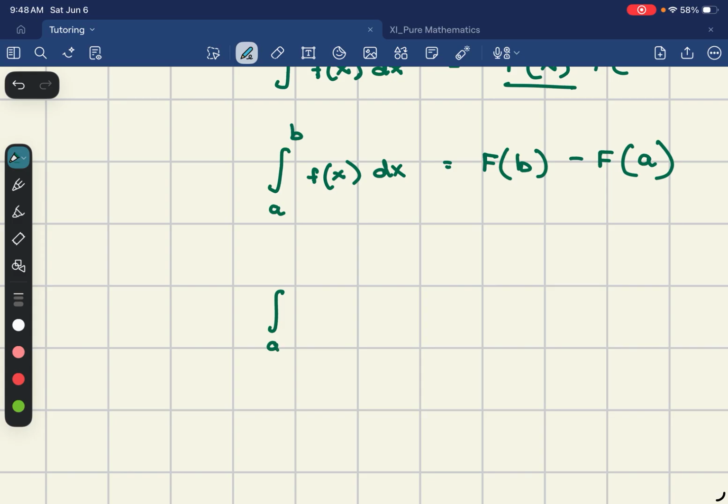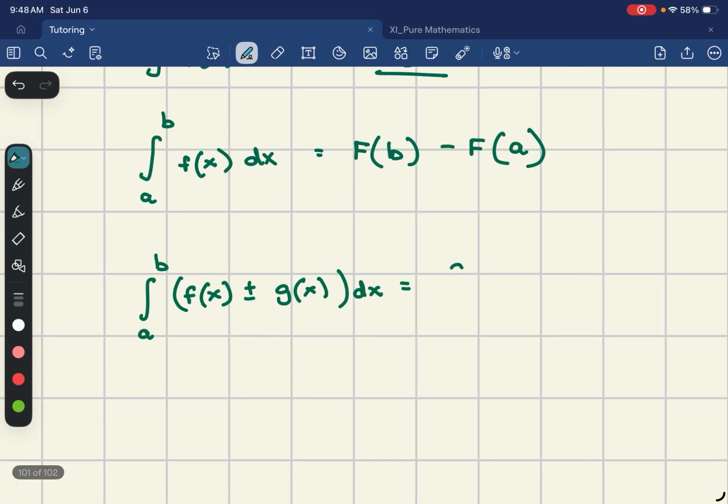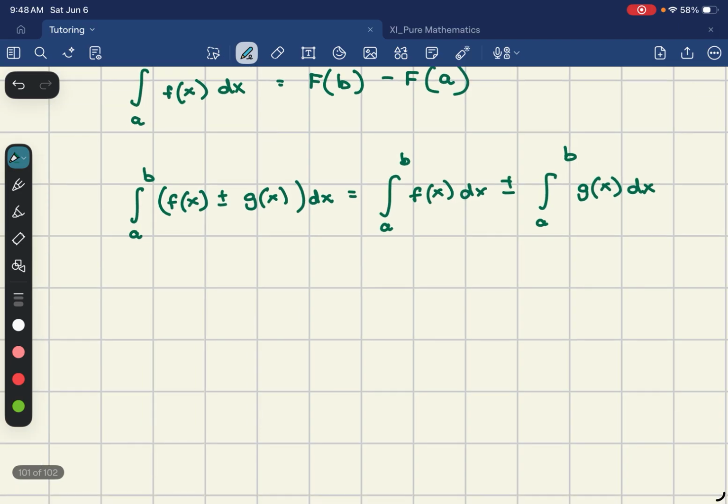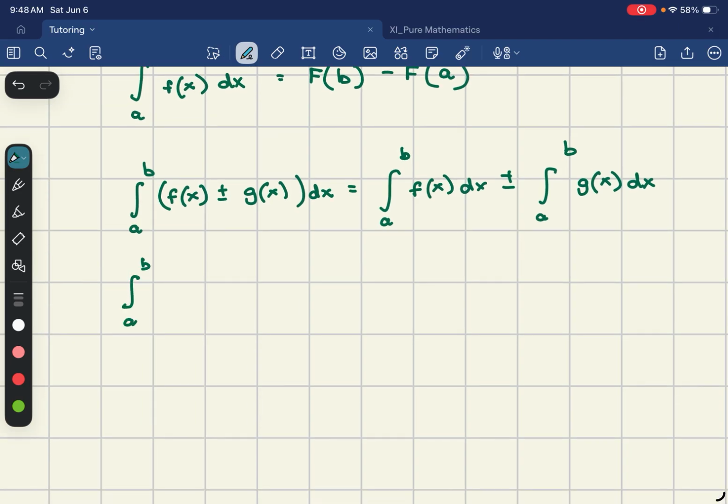So for example, if you are integrating this expression, then you can just do it separately. This formula that we did for indefinite integrals is still valid, but now you have to do it with the bounds. And the integral from a to b of k times f of x dx is k times the integral from a to b of f of x dx.